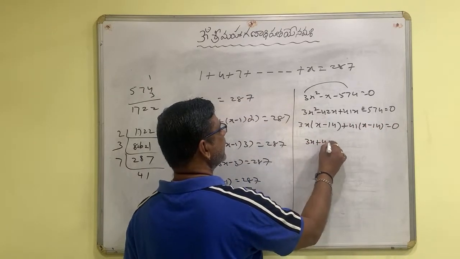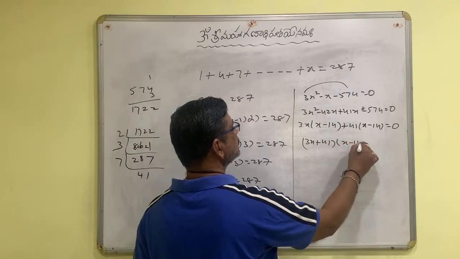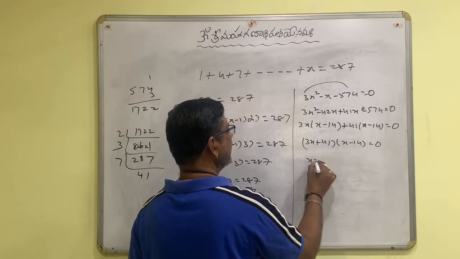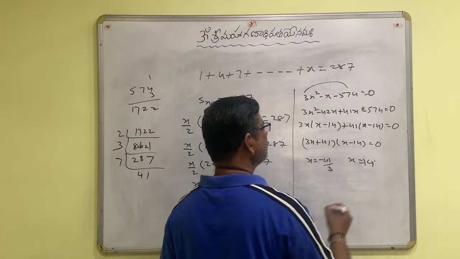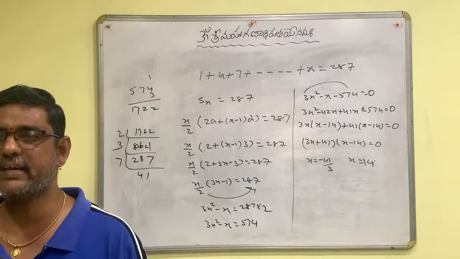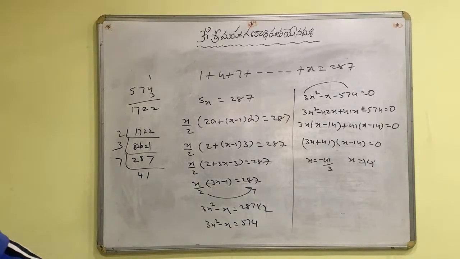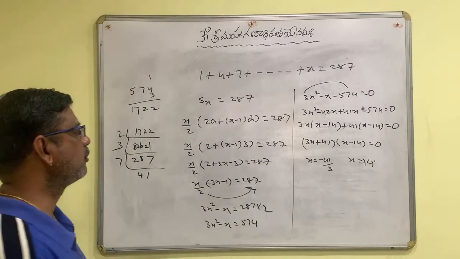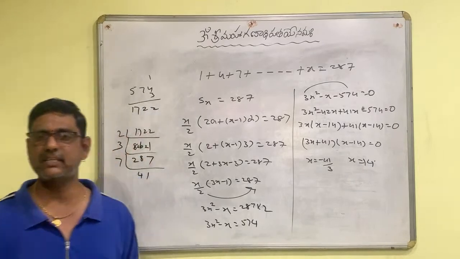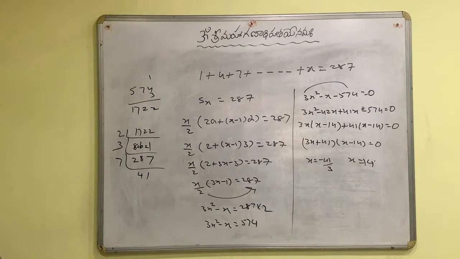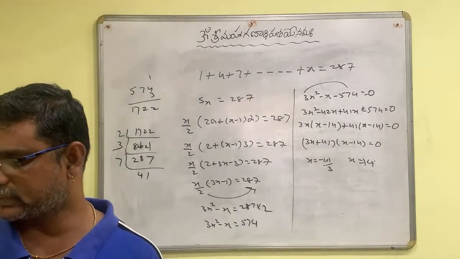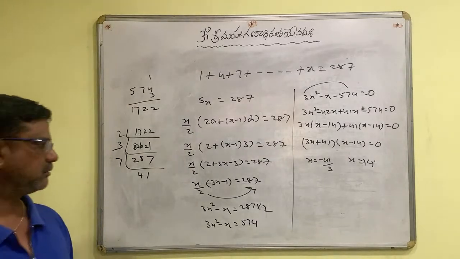So 3x plus 41 into x minus 14 is equal to 0. x is negative 41 by 3 or 14. So x means the number of terms. Number of terms can't be negative. So the x value is 14 only.